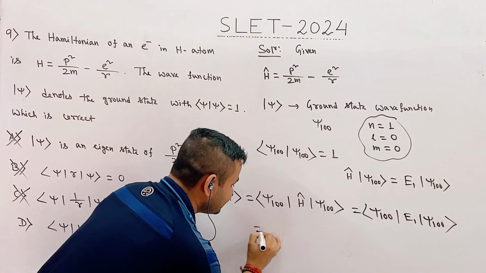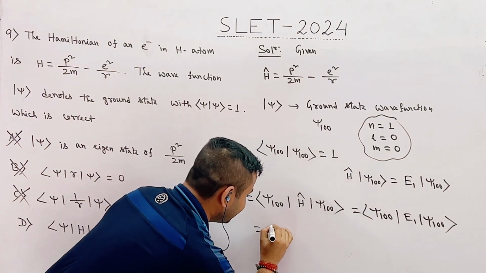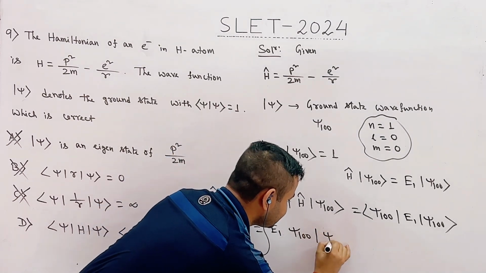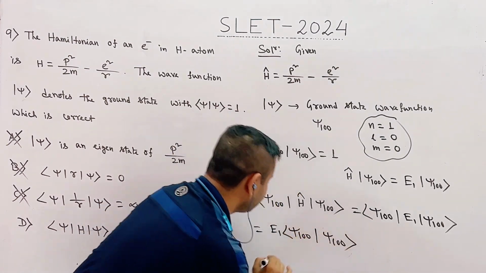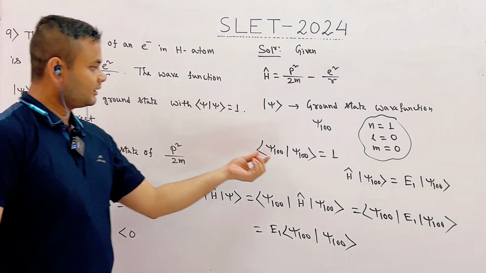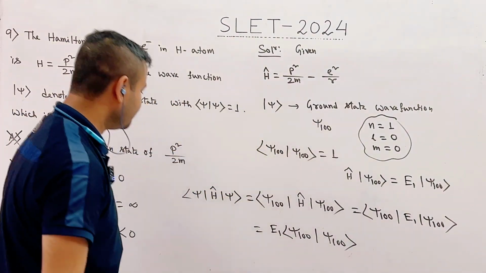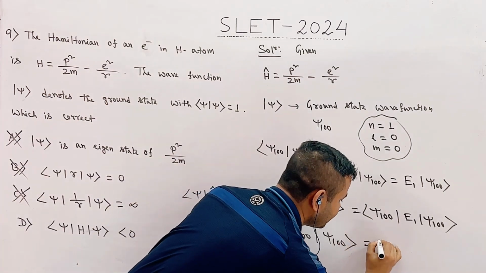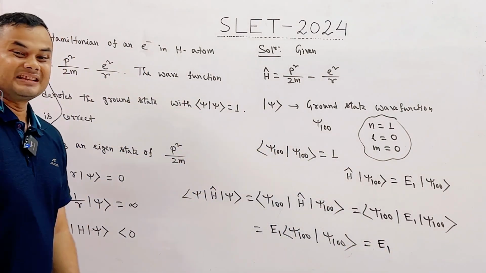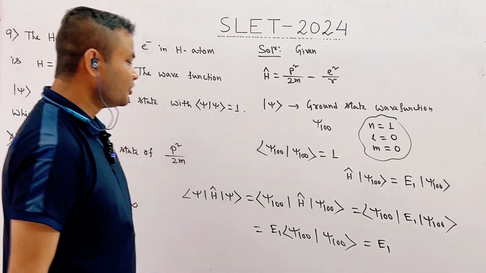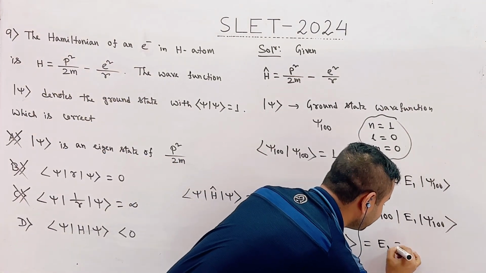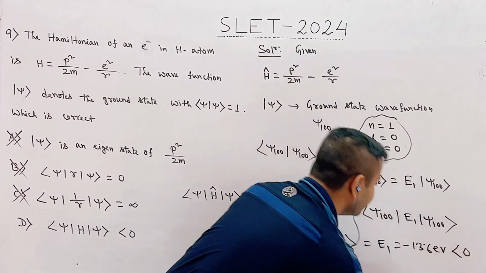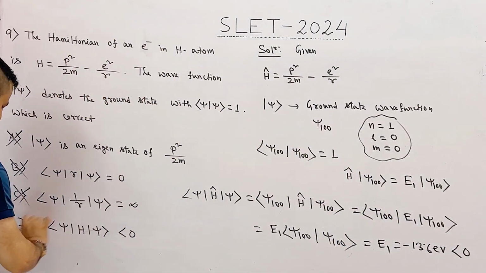So therefore, this term can be written as E1 times psi 100 psi 100. So according to our problem, this value is 1. So ultimately, we will get the expectation value of Hamiltonian operator as E1, which is the ground state energy of the hydrogen atom, and we know that the ground state energy of hydrogen atom is minus 13.6 electron volt, which is less than 0. So therefore, option D is the correct answer.